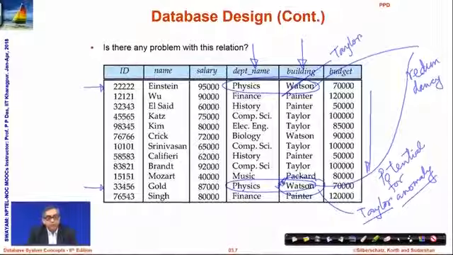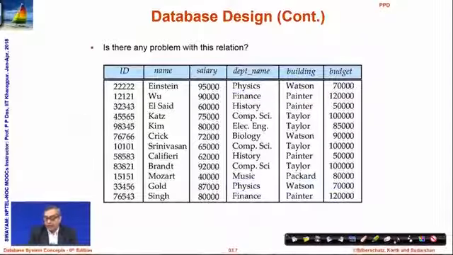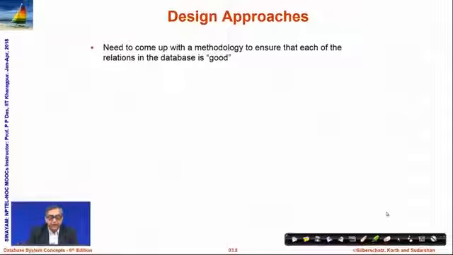So, to put it in simple terms, this is not a good design, and there are several issues to consider in terms of whether some design is good or needs refinement. So, we need to come up with a methodology to ensure that each of the relations in the database is good.